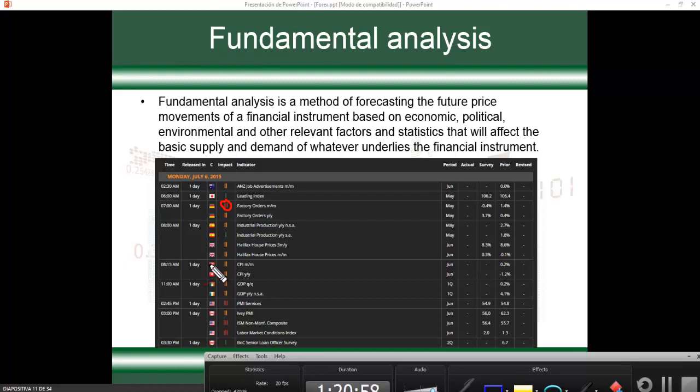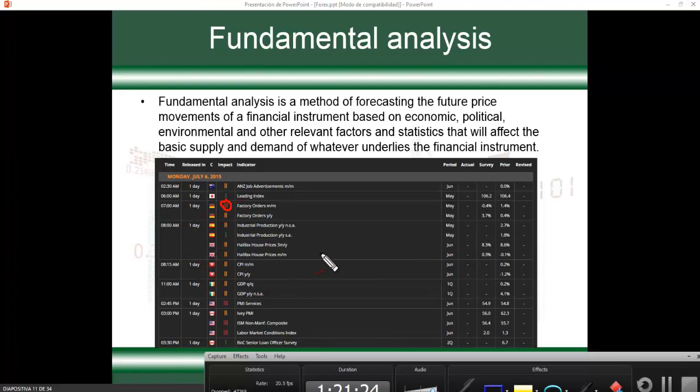If you're trading euro dollar, it doesn't matter much if Zimbabwe decides to raise interest rates, because that doesn't affect it that much. So you will look at countries and institutions that use your currencies in order to use fundamental analysis.